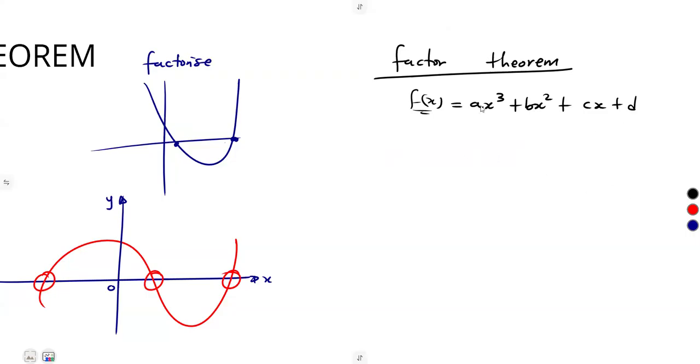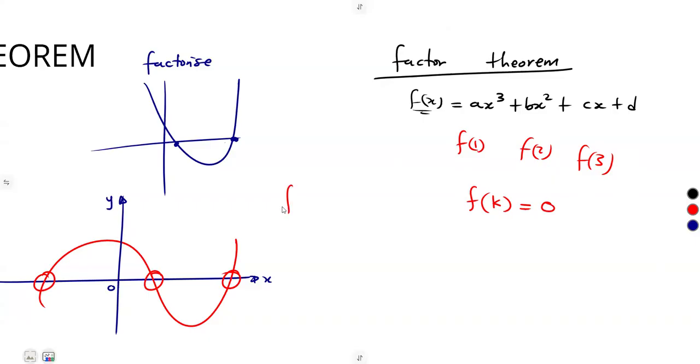Then you substitute a value, let's say f of 1, f of 2, f of 3, whatever that you're given, in place of x. Then it happens that you substitute a value and you obtain a 0, like this.